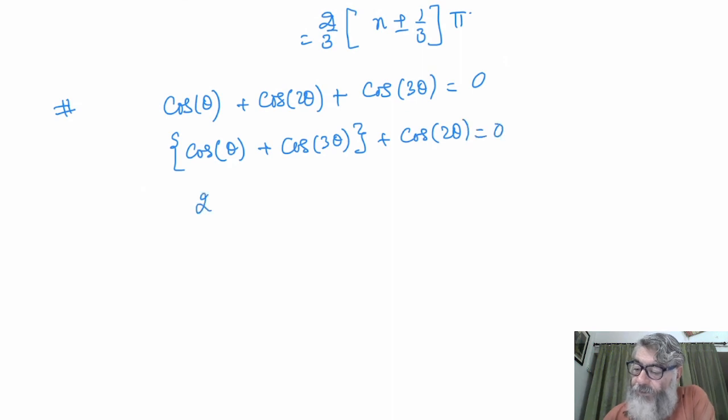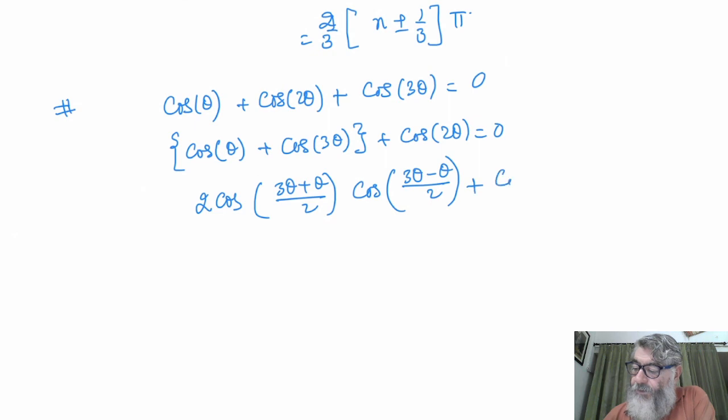So I can write 2 cos (c plus d) upon 2 and cos (c minus d) upon 2 plus cos 2 theta is equal to 0.